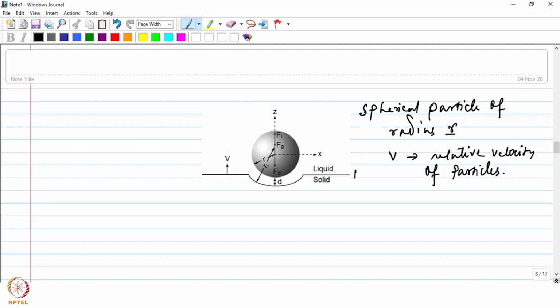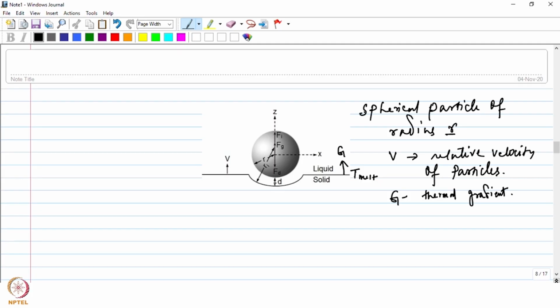This line represents the melting point of the matrix metal. And as we have discussed before, the interface follows the isotherm of the melting point, and the thermal gradient is in this direction, which is basically the heat flow direction.